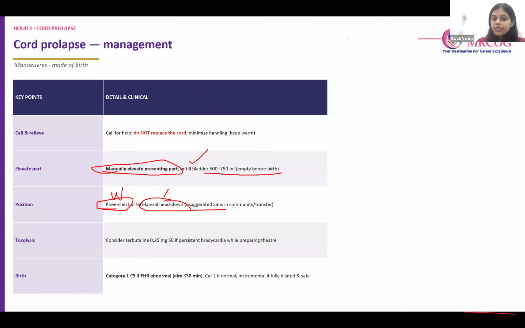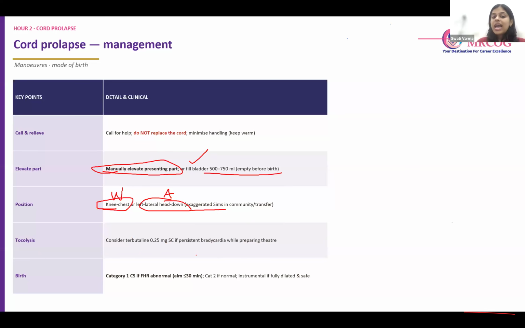So during transfer in ambulance, exaggerated Sims position is preferable so that fall is prevented. Of course, it's a safer position during transfer. Also, you can consider tocolysis. Consider terbutaline 0.25 mg subcutaneous if persistent bradycardia while preparing theatre.